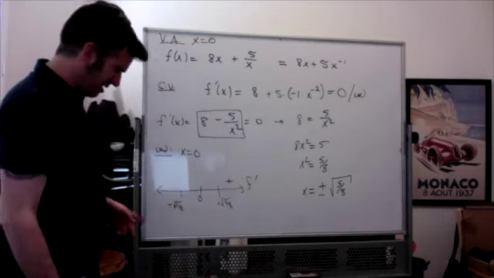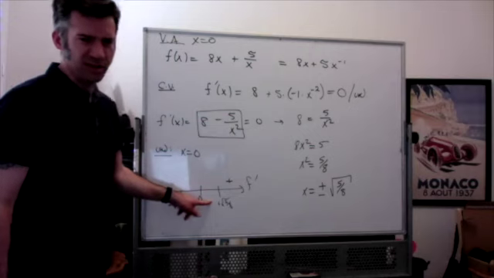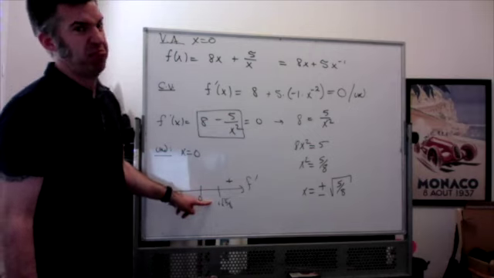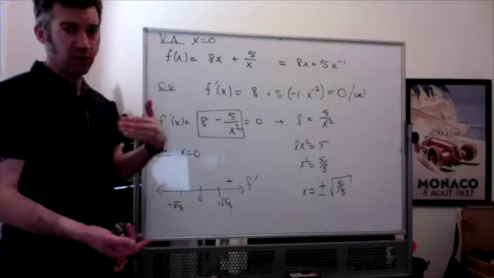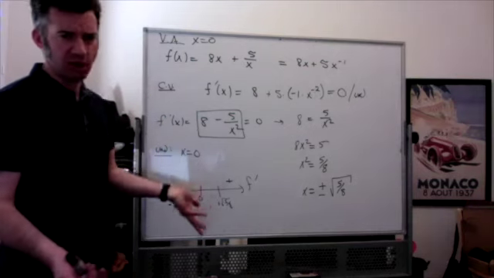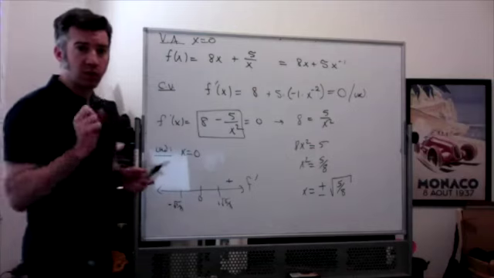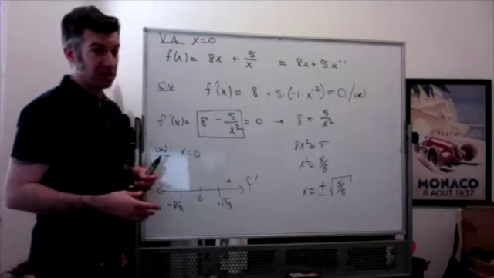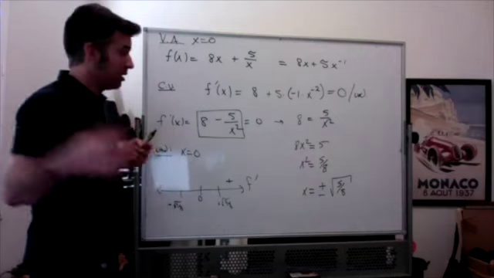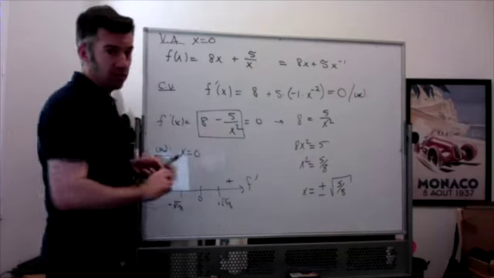Okay, so now I need to pick a number between 0 and the square root of 5/8. Just imagine you're picking something super duper small, super duper close to 0, like 0.00001. You pick a number super duper small, the denominator is super duper small, which means the fraction is super duper big. So you've got 8 minus a very big number.